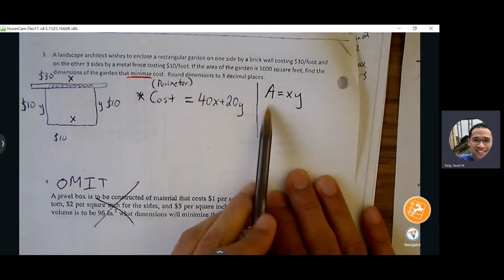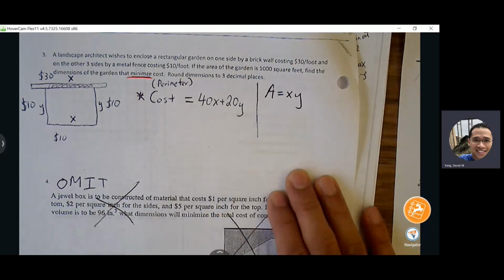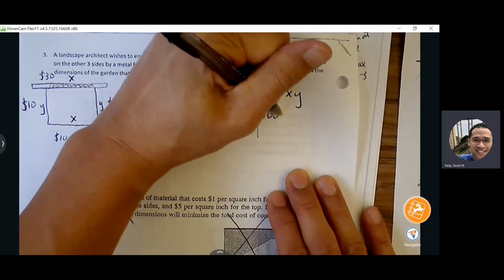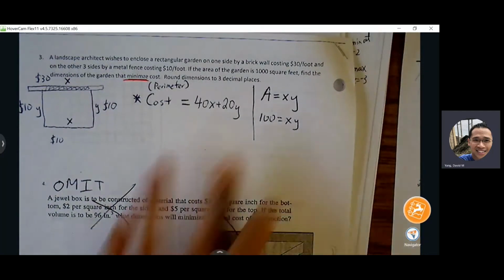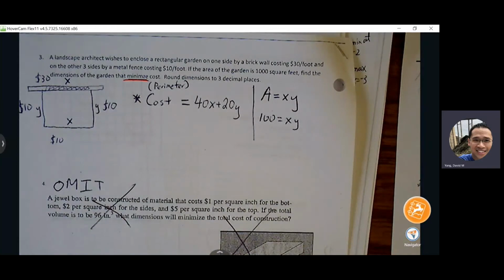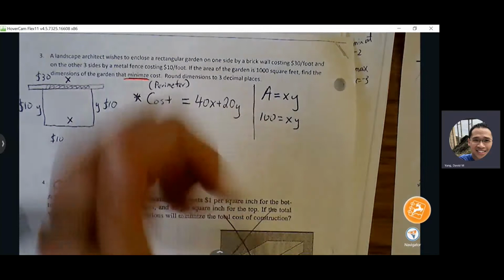Replace A with 1,000. It doesn't matter which variable you solve for, but if they look the same difficulty-wise, I'm always going to try to get my y's to disappear.